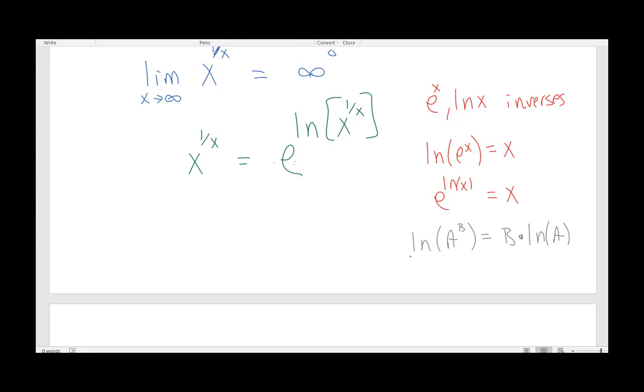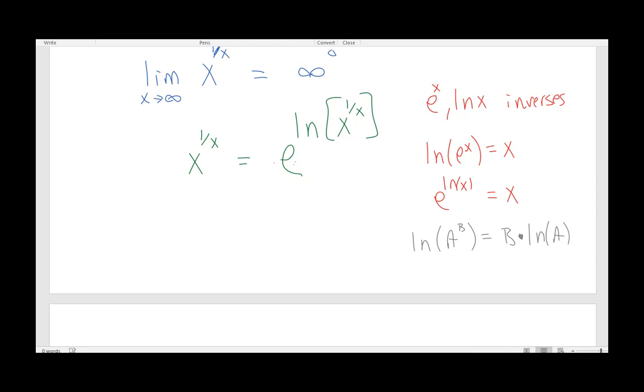When we have an exponent inside our logarithm, we can pull that exponent in front as a coefficient. In an algebra class, we usually go into a deep conversation about why that's true. Remember that logarithm properties are really properties of exponents, just written in logarithmic form, because logs are inverses of exponentials. This is basically saying that if I have a power raised to a power, I multiply those exponents.